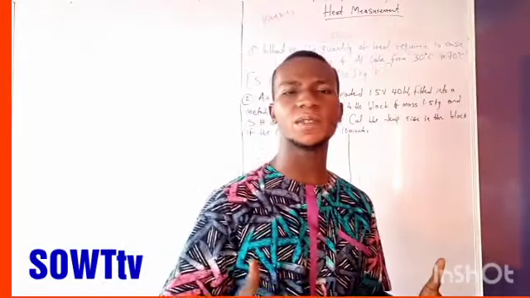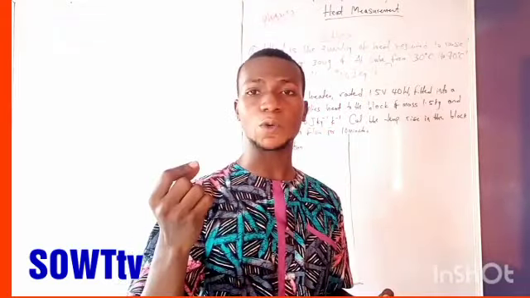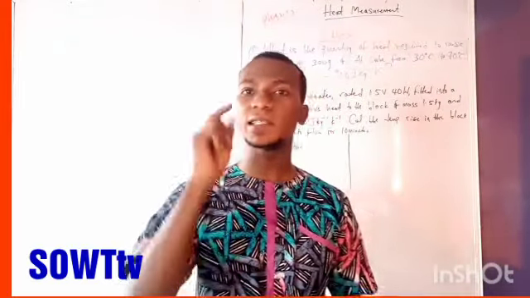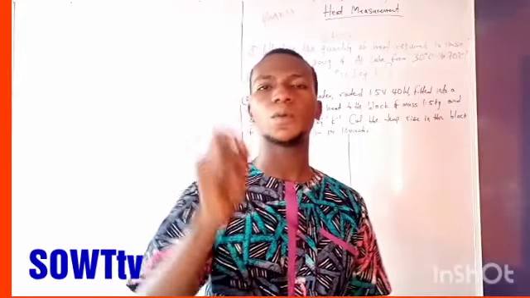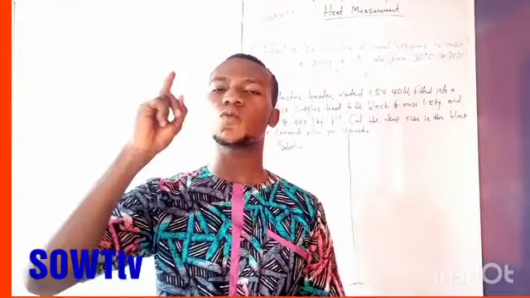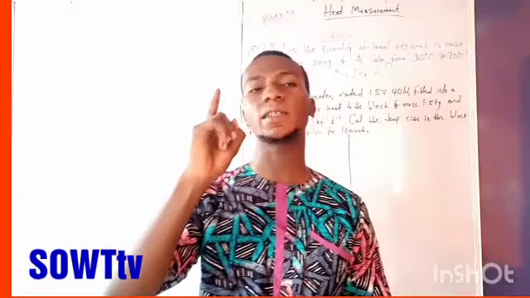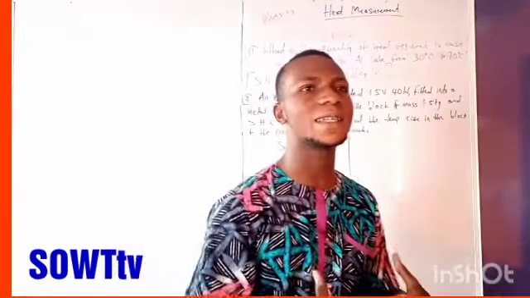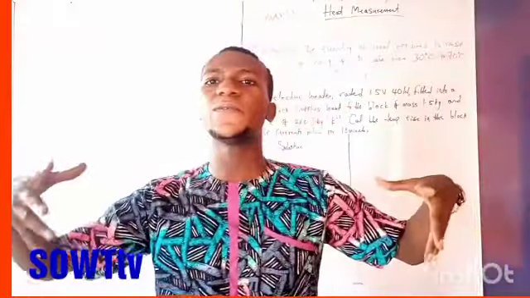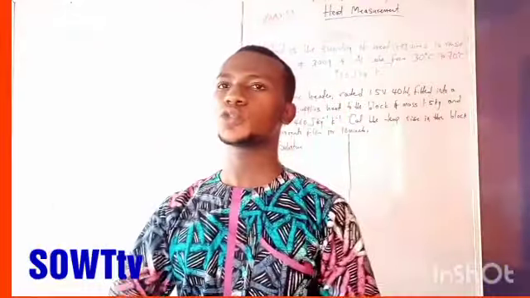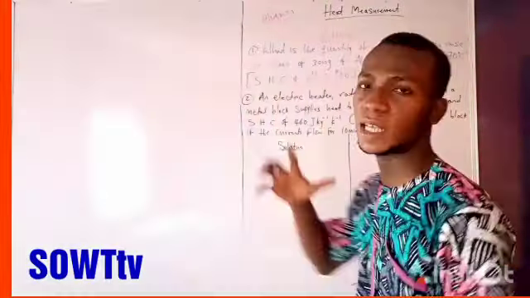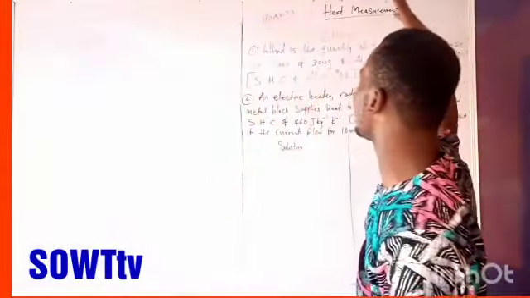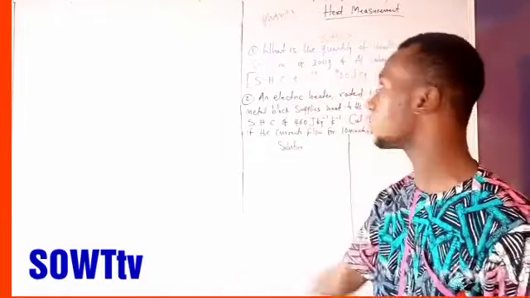Specific heat capacity may be defined as the heat required to raise the temperature of 1 kilogram of a substance by 1 Kelvin. Different materials require different heats to melt or to change a state of matter. But as I said, we are going to be looking at the calculation aspect of it mostly.